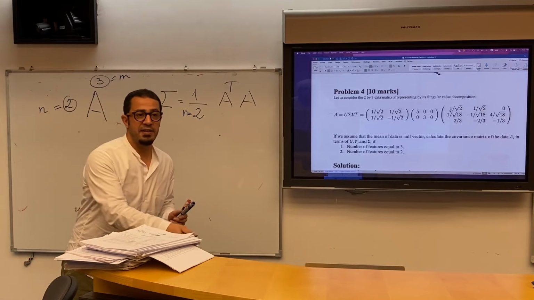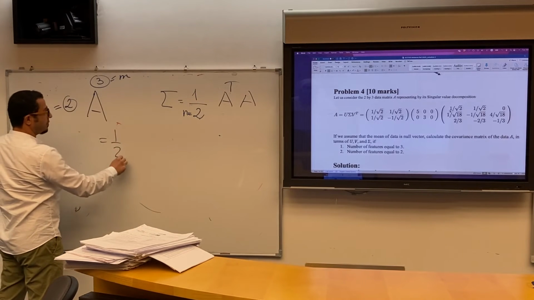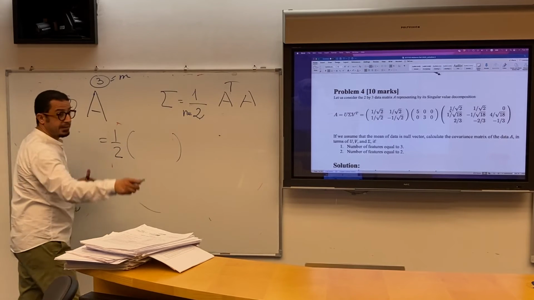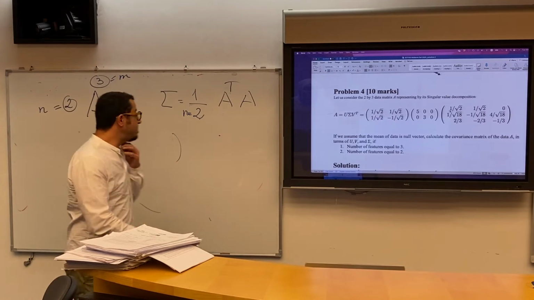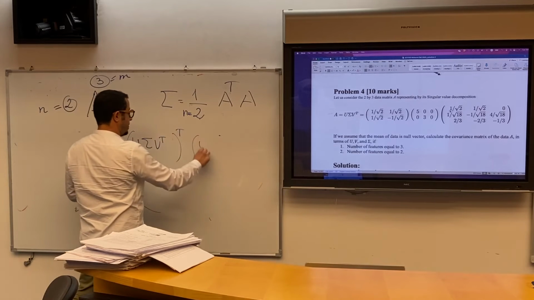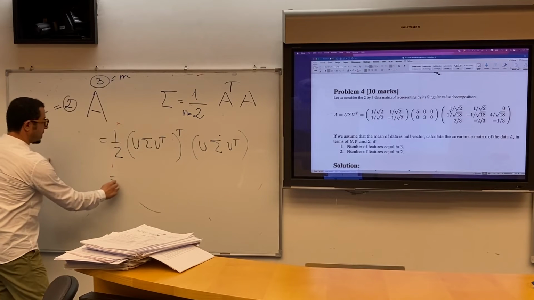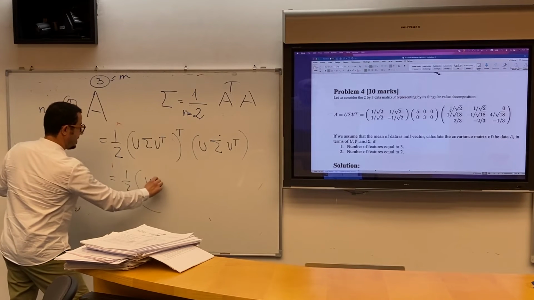We have everything, right? Okay, so what will be A, please? 1 over 2. What is A in this specific case? U sigma V transpose times U sigma V transpose. Okay.